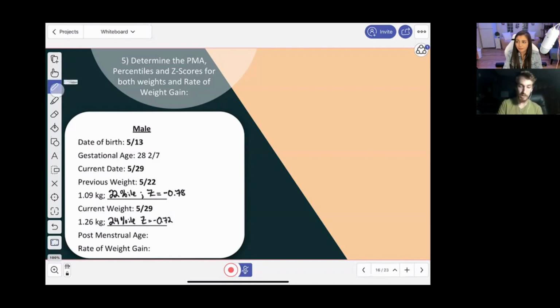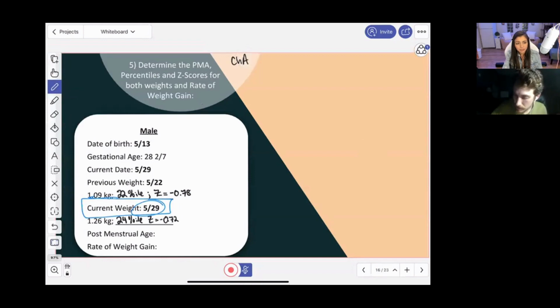And we're going to do this based off of the current date. That is 5/29. So to calculate the postmenstrual age, the first thing we need to do is calculate the chronological age. The chronological age is going to be the current date minus the birth date.